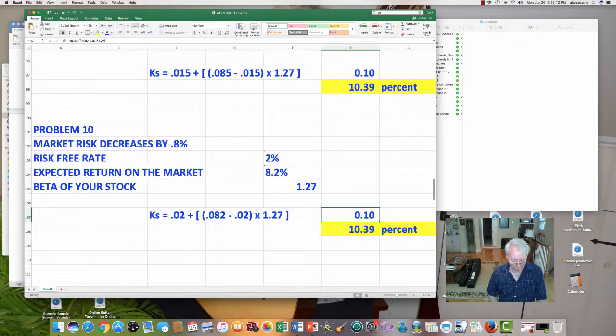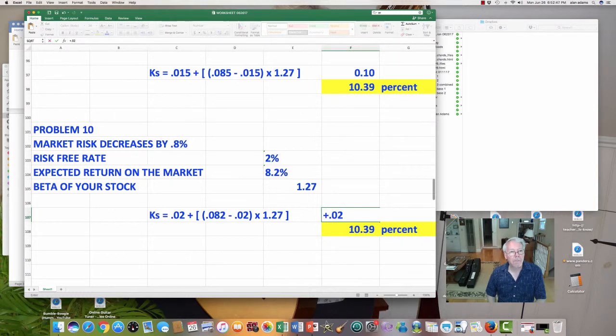Yes, 0.082, 0.02, 1.27. 10.39. Hold on just one minute. Let me check my math one more time. That does not look right to me. It should have changed. So let me try the math one more time.